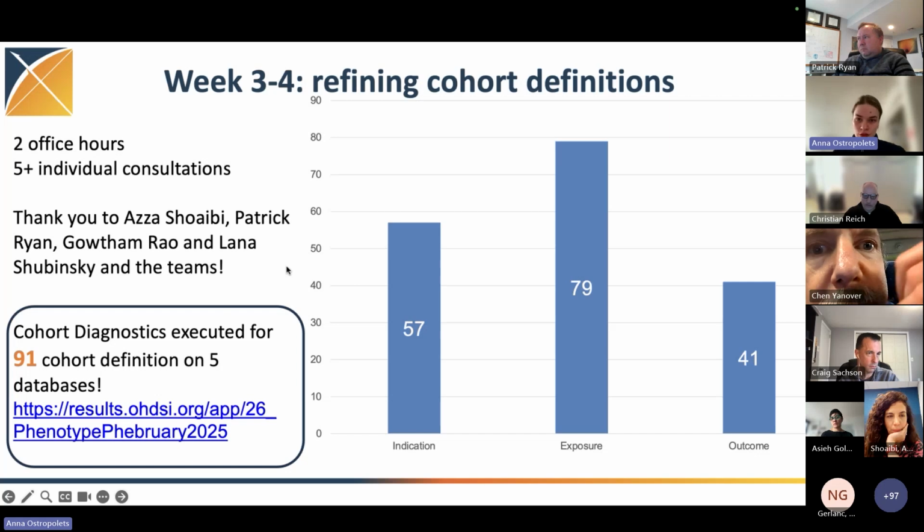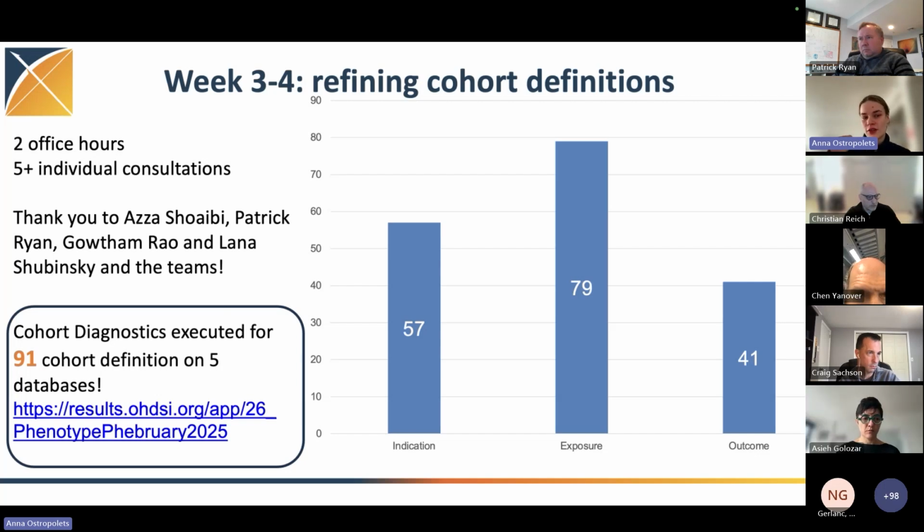And what we are doing during weeks 3-4 is all of the study leads with us are looking through these cohort definitions and refining their cohorts based on what they observe.